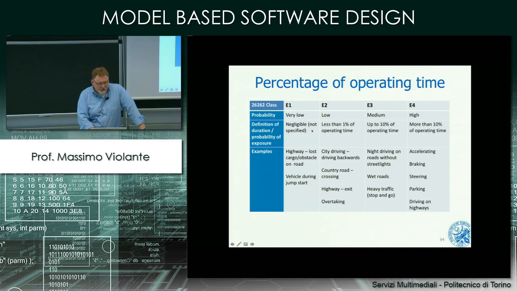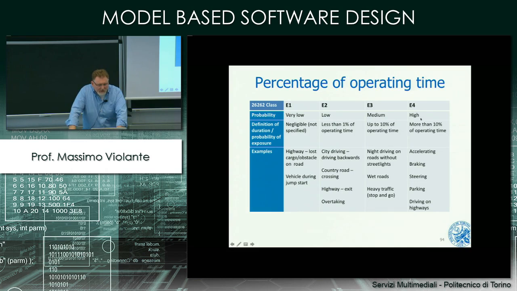It's very low probable, sorry. Then let's imagine that we are overtaking, or we are exiting the highway, or we are crossing a road. Well, this is maybe low probable, because it is not granted that every time you drive you do an overtaking. It is not always the case that every time you drive on the highway you take the exit on that highway.